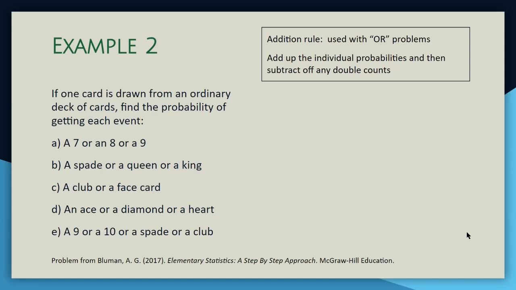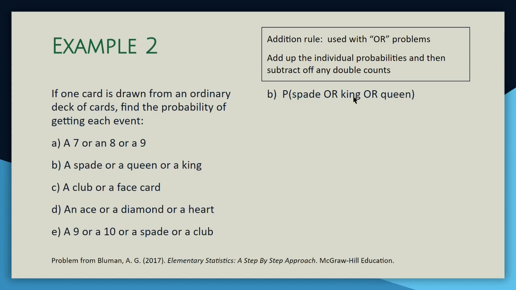All right, let's try the next one. At the surface, it looked kind of similar. It says the probability of being a spade or a king or a queen. For these, there is some overlap. I know that there is a king of spades in the deck and that there is a queen of spades in the deck. They can't be a king and a queen. Those two are mutually exclusive.